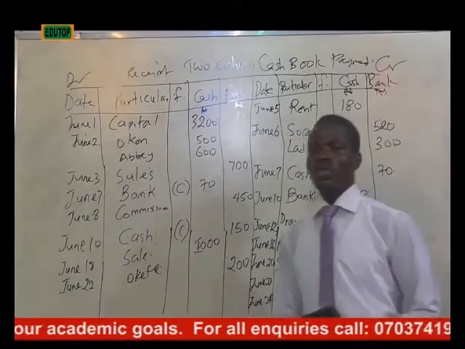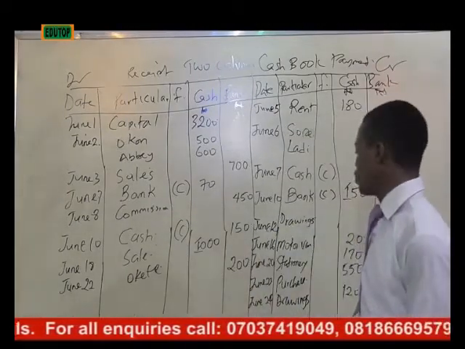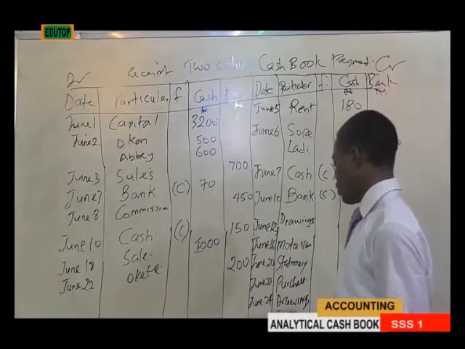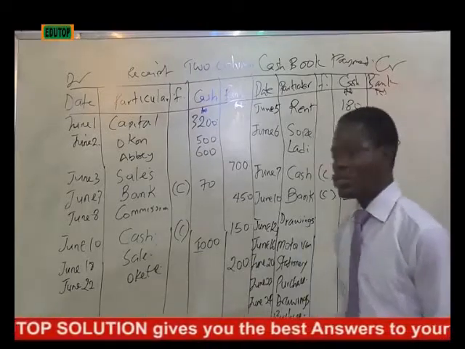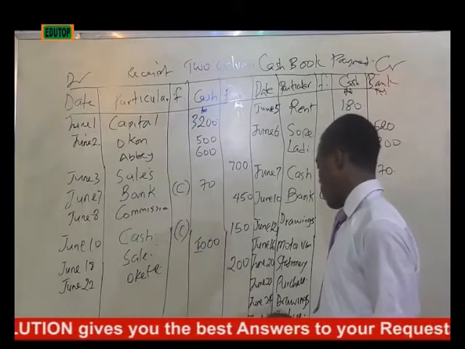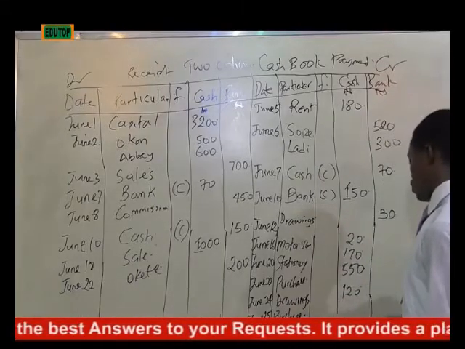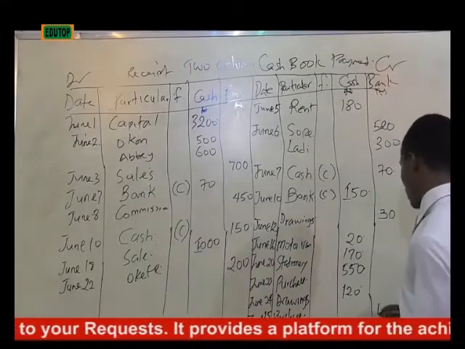So June 25, bought goods by check. When you bought goods by check, you can represent it with purchases. June 25, and it is through check. So that is 115.